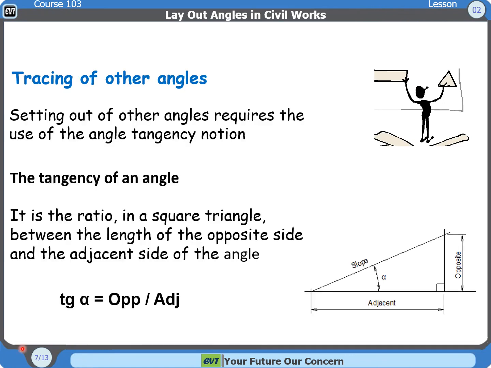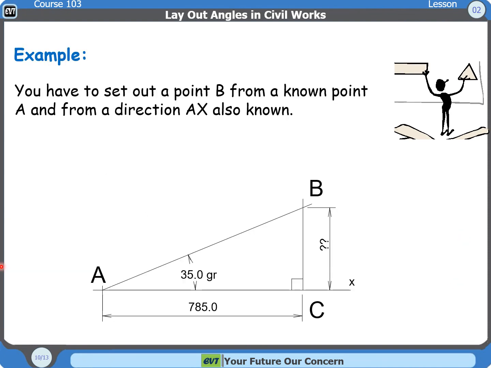The tangent is the ratio in a right triangle between the length of the opposite side and the adjacent side of the angle. The tangent alpha of this angle is the opposite side divided by the adjacent side. Example: you have to set out a point B from A, in direction IX, also knowing the angle and the length of AC.